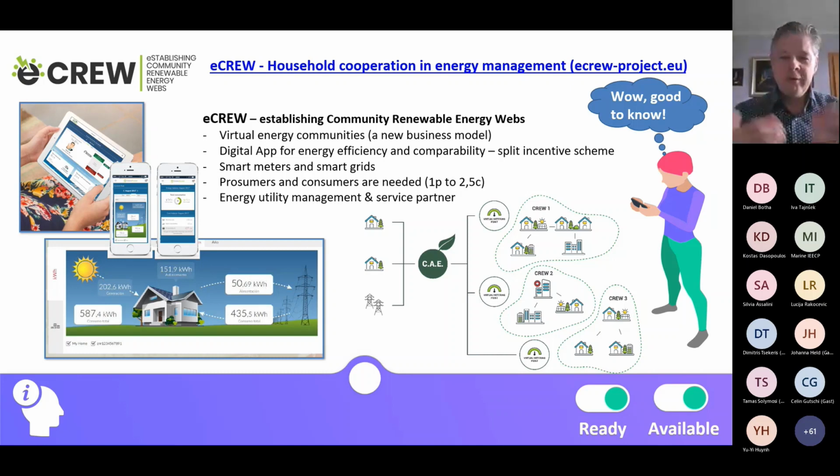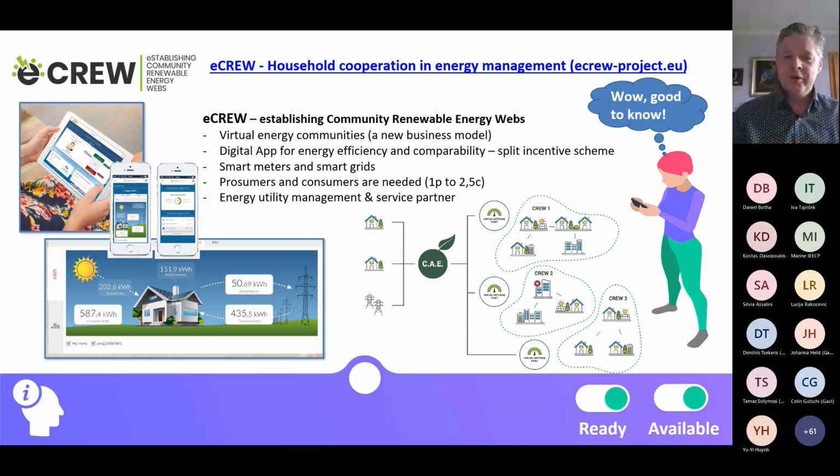And here we overcome this barrier in a sense by implementing a virtual energy community that is led as a service partner, so to speak, by an energy utility or an energy retailer. So they already have a legal license, they already have a lot of knowledge, they are aware of the grid, they can help energy communities to expand microgrids in this case, so to speak.